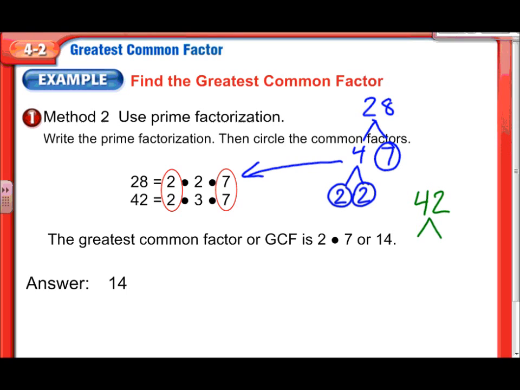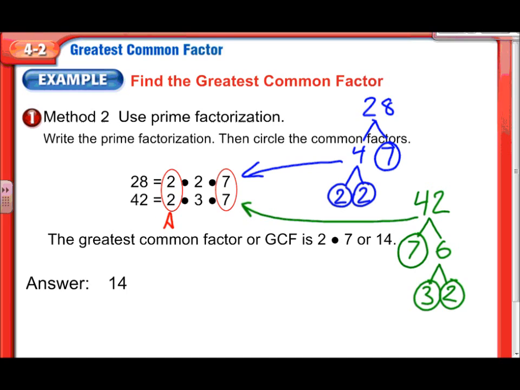42. Let's see, 42 could be 7 times 6. 7 is already prime. 6 is 3 times 2. They're both prime. So my prime factorization for 42 is, in order from smallest to largest, 2 times 3 times 7. So what do they have in common? Well, you can see right here, they both have a 2 as a factor in common, and they both have a 7.